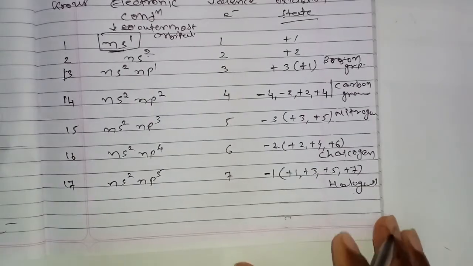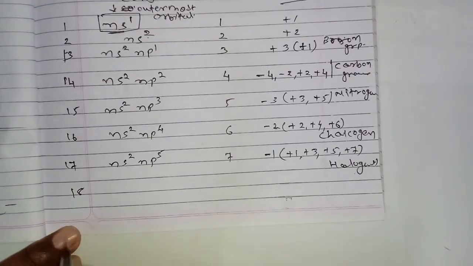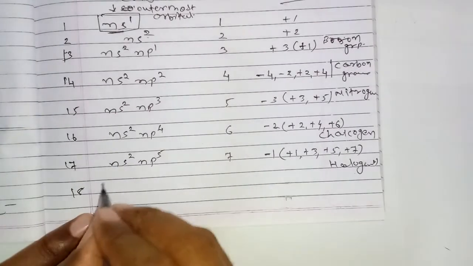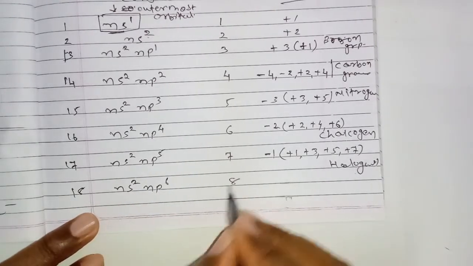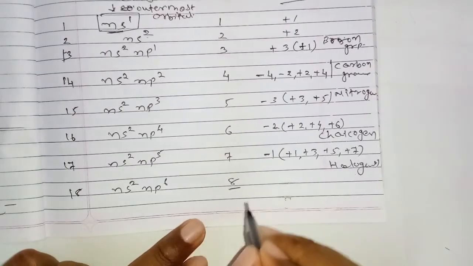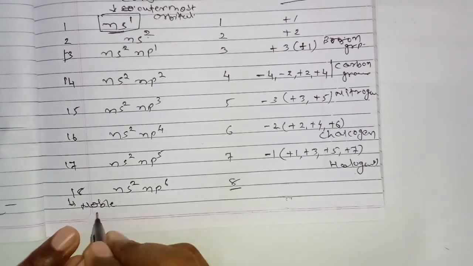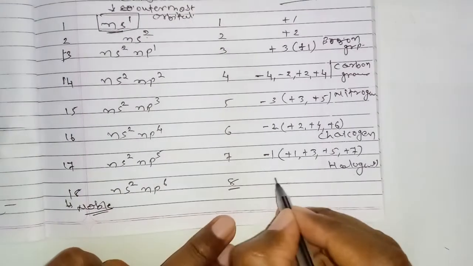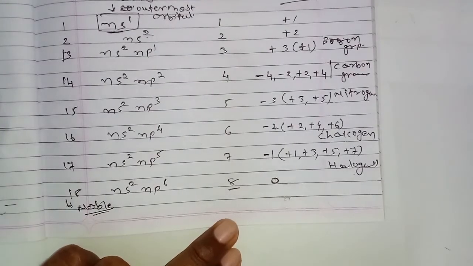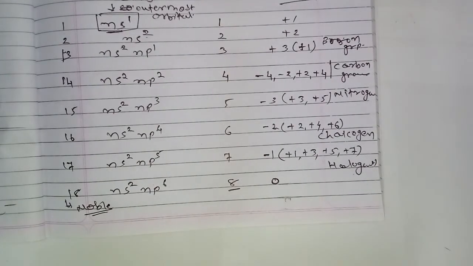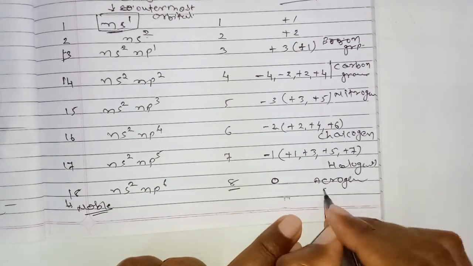Group 18, ns2 np6, 8 electrons. These are the noble gases or inert gases, so their oxidation state is 0.